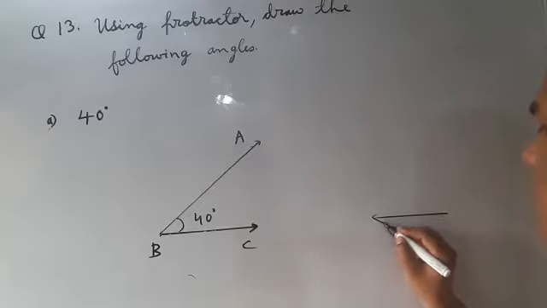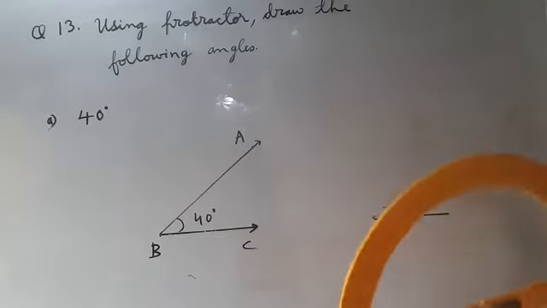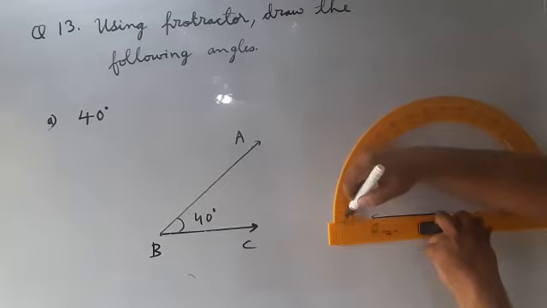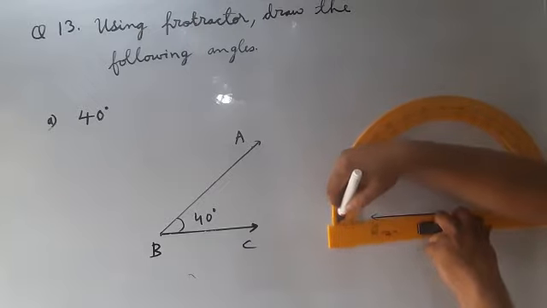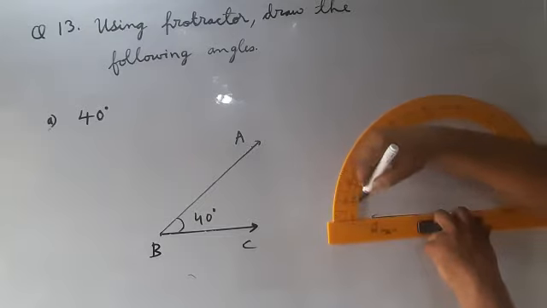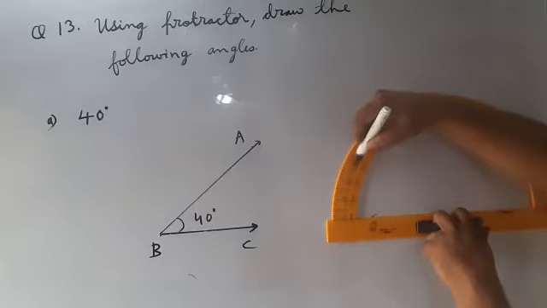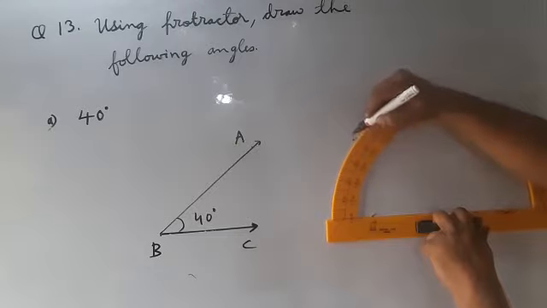If I want to draw on that side, see here, 40 degree, the baseline touching this is considered as 0 degree. From this side you have to take the outer scale, because the inner scale is not there. So 0, 10, 20, 30, 40.